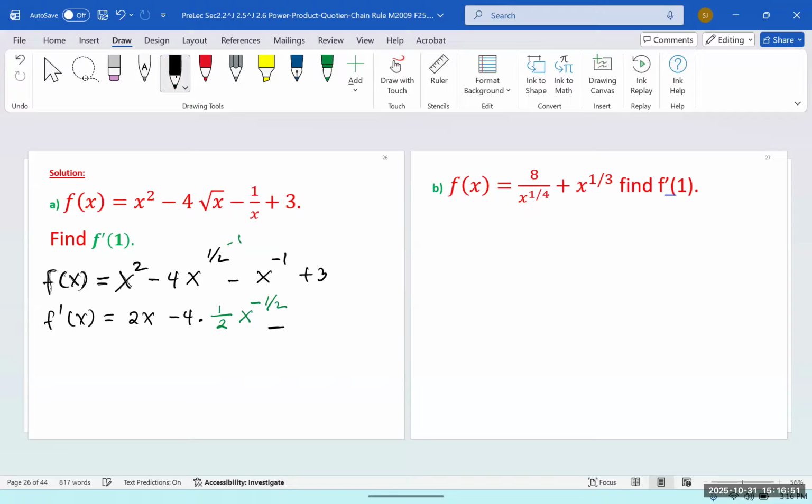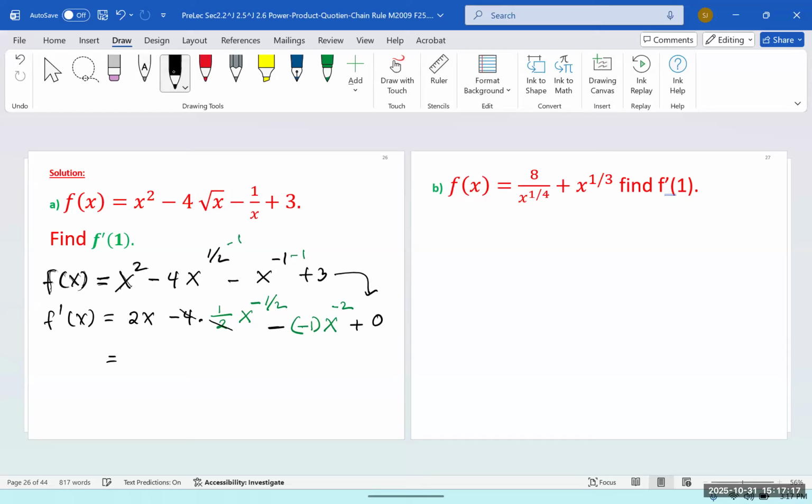Then you have a minus. For the derivative of x to the -1, the -1 comes down and then you subtract 1. So x to the -2. And what's the derivative of 3? Derivative of 3 is 0.